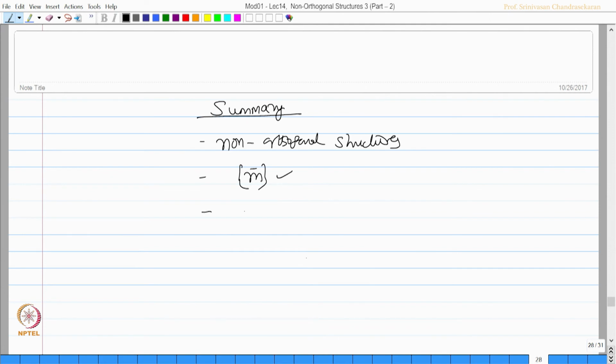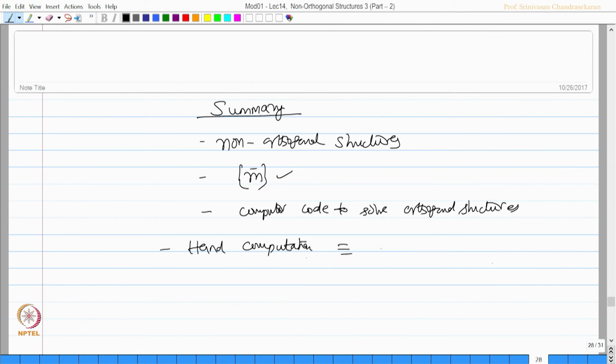We have also demonstrated the full computer code to solve the orthogonal structures and we said that the results we had by hand computation are exactly matching with the computer solution, is it not?